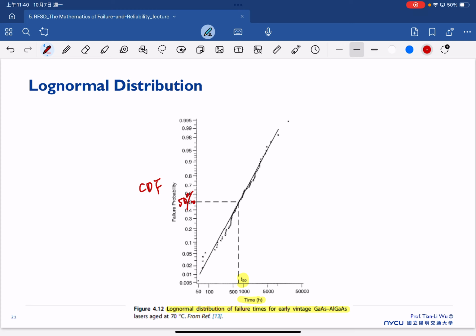So now, if we assume this testing is done with 1,000 testing devices, that means if you test this gallium arsenide laser up to 700 hours on the x-axis, you already have 500 devices fail.